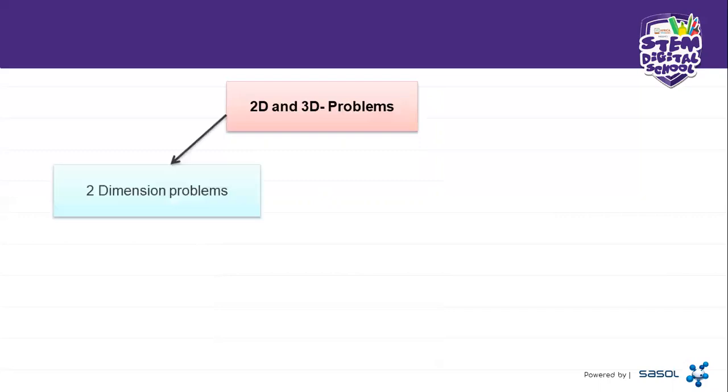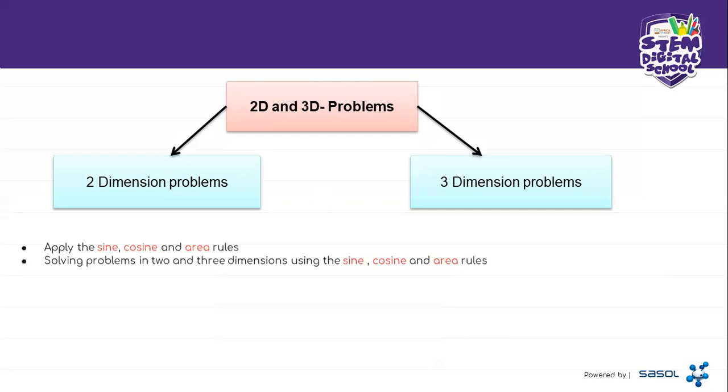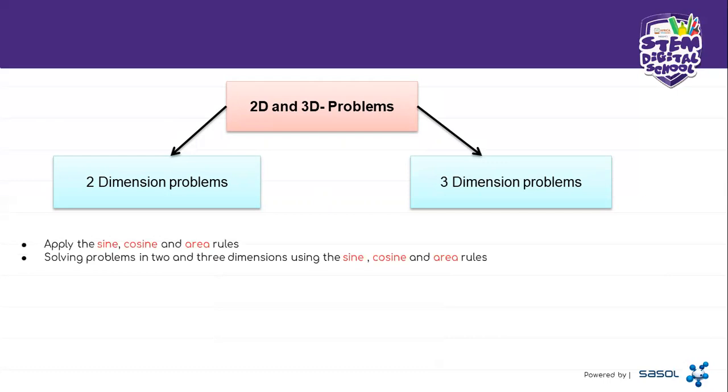All right, as you know, we have 2D problems, then we do have 3D problems. For you to be able to solve 2D and 3D problems, you apply the sine rule and the cosine rule.